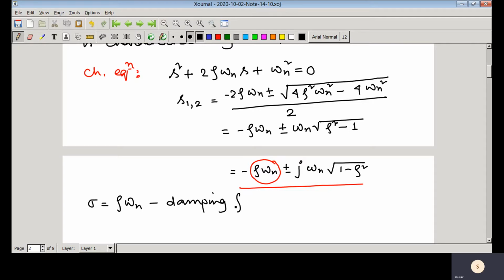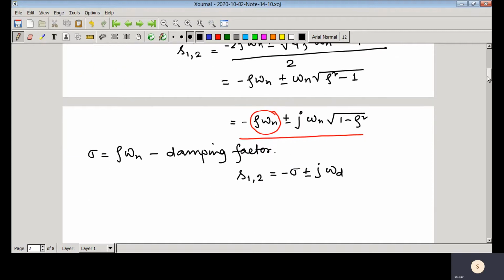Then the two poles become s1,2 equal to minus sigma plus minus j omega d. Now you can see there is another term defined as omega d. This omega d is omega n into under root 1 minus zeta square. This particular term is called the damping frequency.